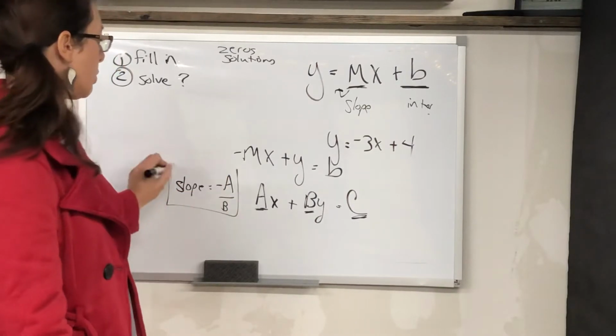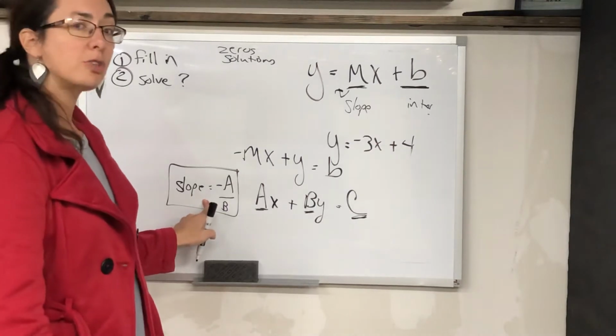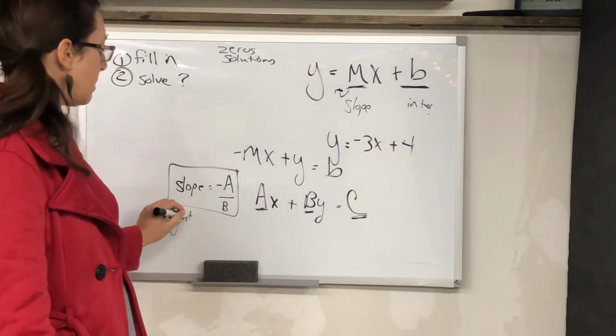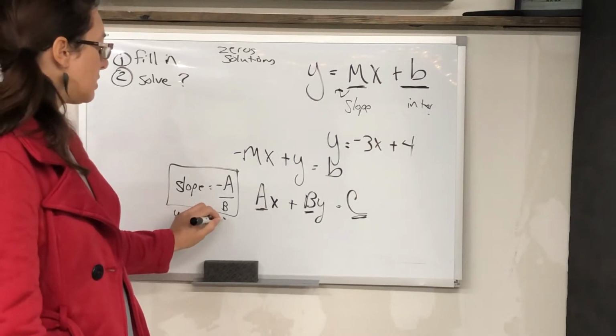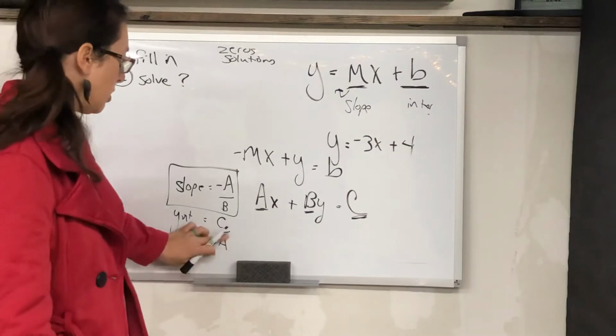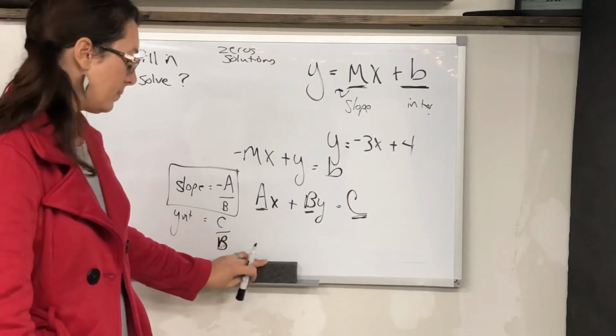So this is a shortcut. Often it's really hard to remember all the little slopes. They'll also say that your y-intercept is equal to c divided by a. Sorry, c divided by b. Wrong one.